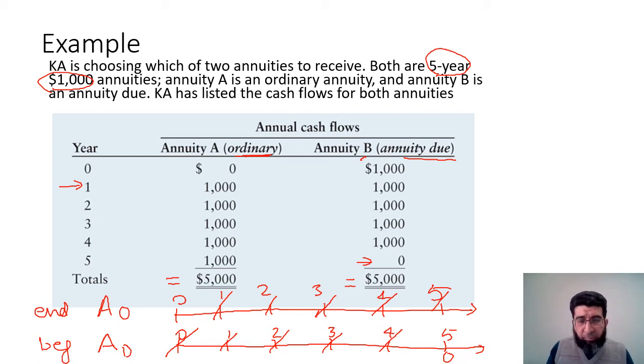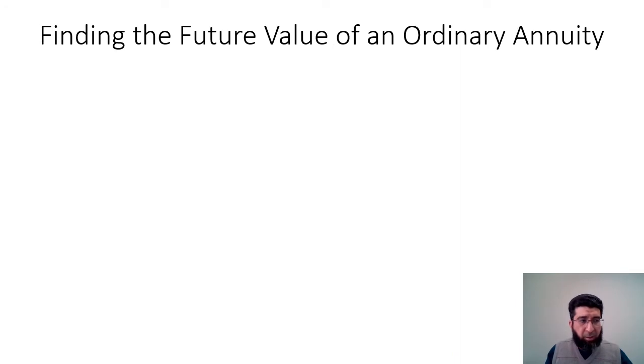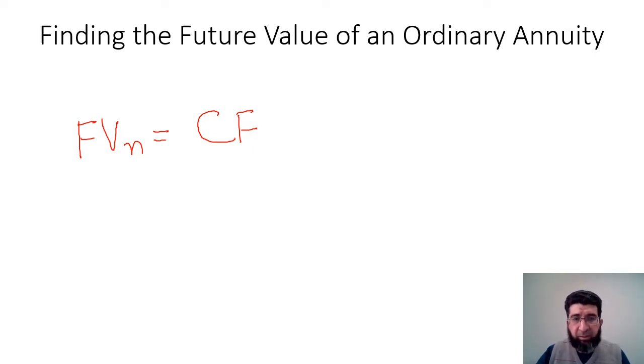Let's get the formula through which we can calculate an ordinary annuity. An ordinary annuity has a formula for future value, which involves n, the number of years, months, or weeks, whichever the time period is. Then we have a cash flow, which is the repeated amount that we receive or invest.